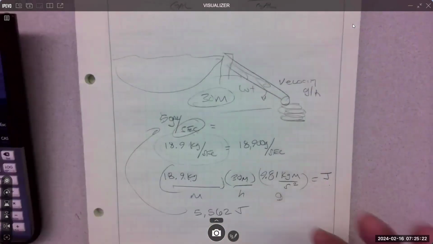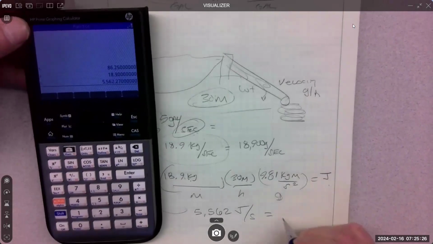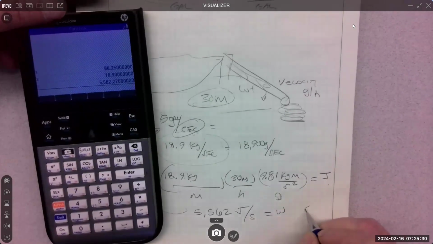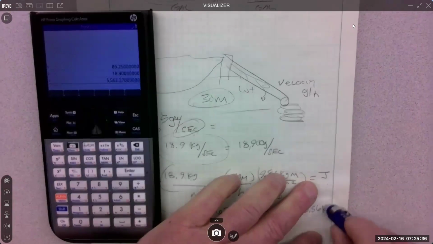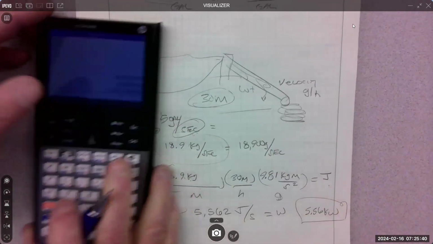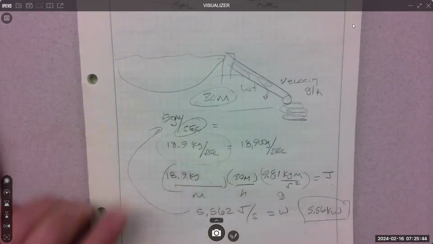That's our velocity, so it is per second. So that is a watt, which means we have the capability of producing 5.56 kilowatts. That's the possible energy creation from 5 gallons of water per second.